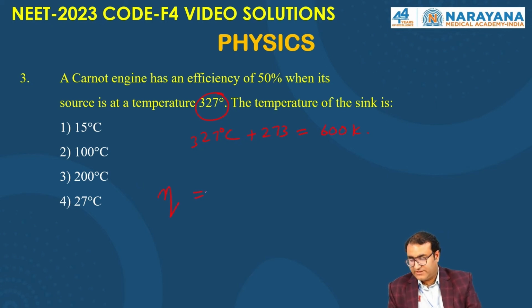Efficiency, we have a formula: it is 1 minus TL by TH. TL is the temperature of the sink. Efficiency is 50%, so 50 by 100 equals 1 minus TL by 600. From this we get TL equal to 300 Kelvin.